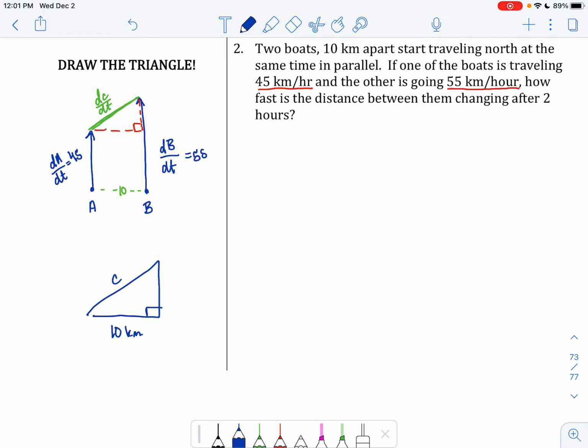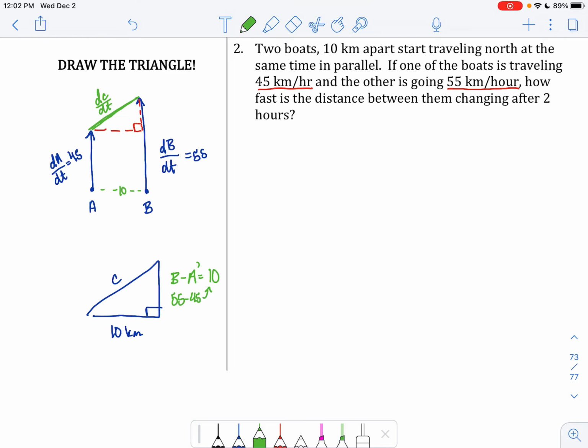Now this distance between them is B minus A. It's the difference between those two. Now that speed then, this distance, the derivative of it is 10 because that is the difference between 55 minus 45.